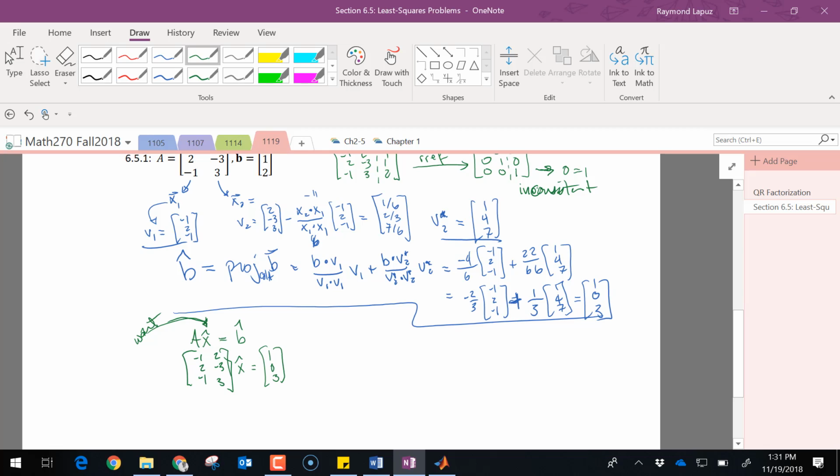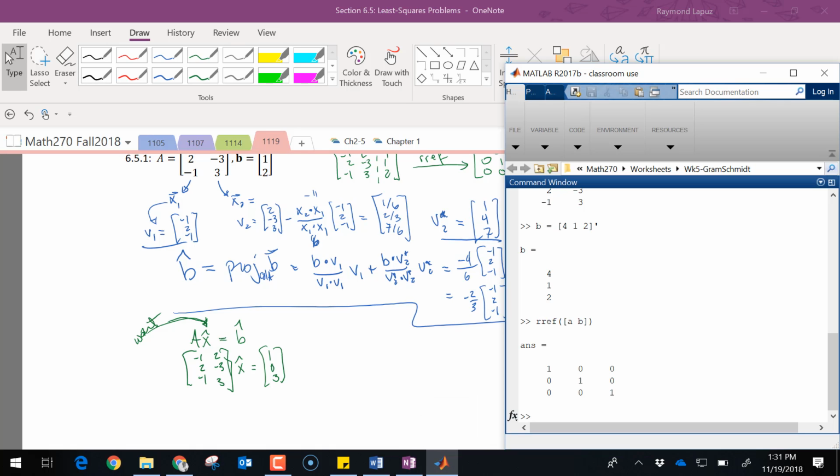Now, is this going to be a consistent system or inconsistent? This should be a consistent system because B hat is actually on the plane. It's actually in the column space. If B hat's in the column space, then you're going to get a solution for this. So we should be able to get a solution for X hat. Okay, tired of doing things by hand now.